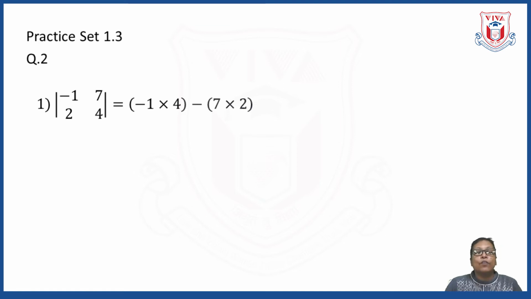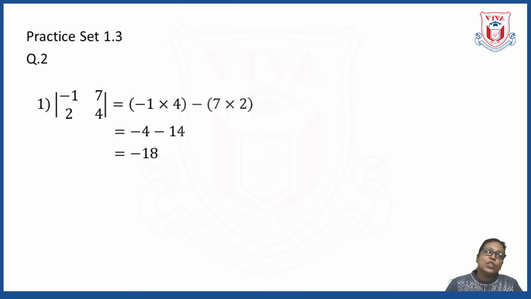You have to start from the first element of the first column. So you will do minus 1 into 4, minus sign in between, and then 7 into 2. Cross multiplication you need to do in the same sequence. So you get minus 4 minus 14, and therefore the answer of the determinant is minus 18.